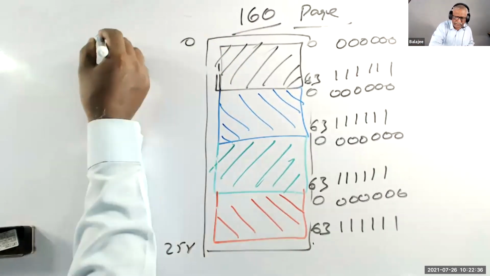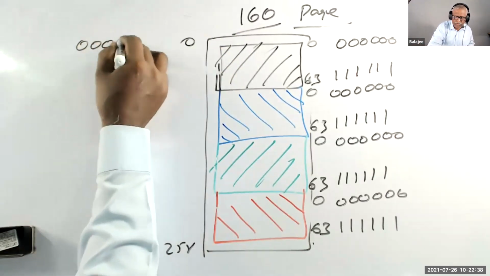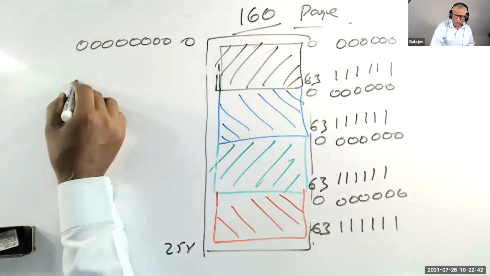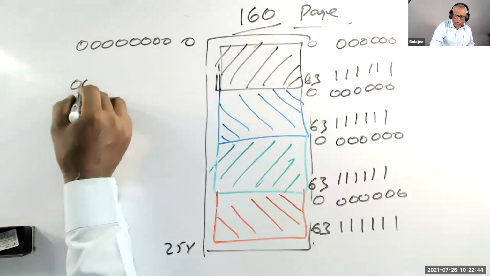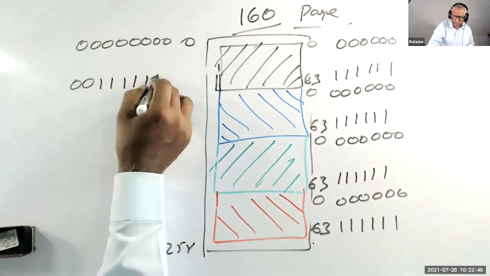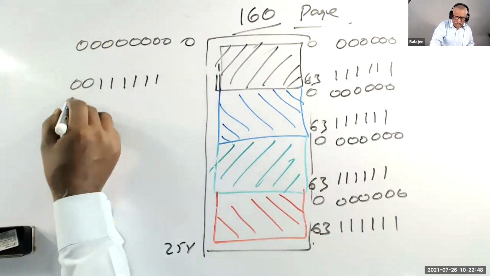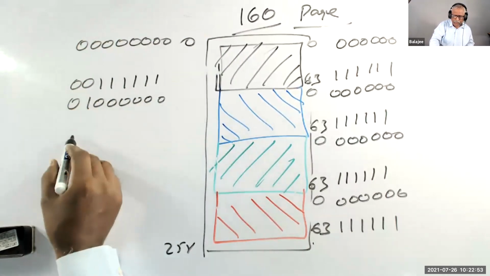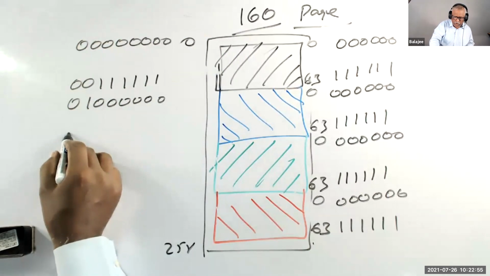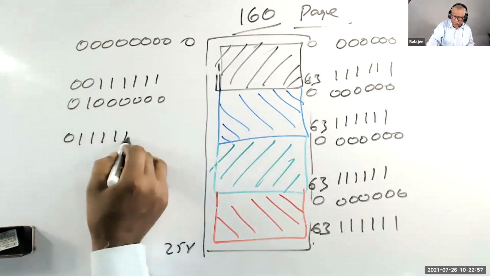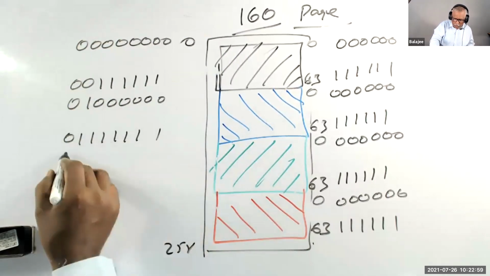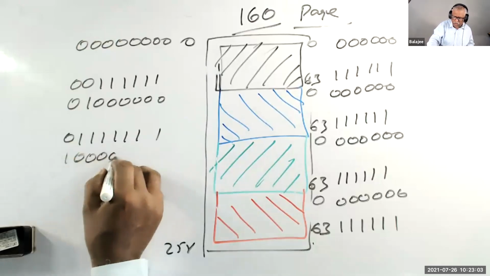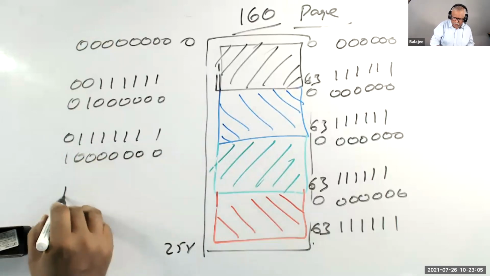We can write 0, 0, 0, 0, 0, 0 to 0, 0, 1, 1, 1, 1, 63. Then 64 is 0, 1, 0, 0 to 0, 1, 1, 1, 1, then 1, 0, 1, 0.